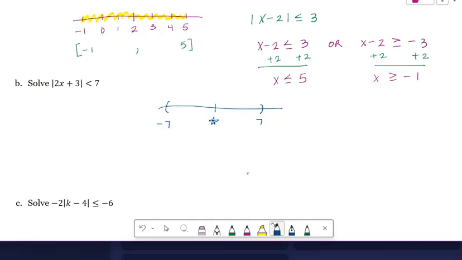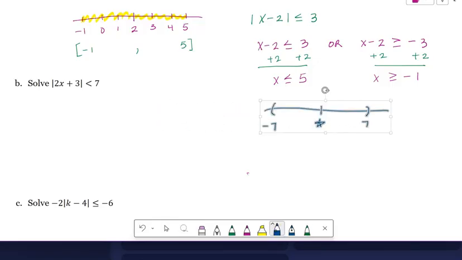So I'll write this as two separate inequalities. We can write this as 2x plus 3 is going to be less than 7, or 2x plus 3 is greater than -7. That matches up. The first inequality is on the right, and the second inequality is on the left.